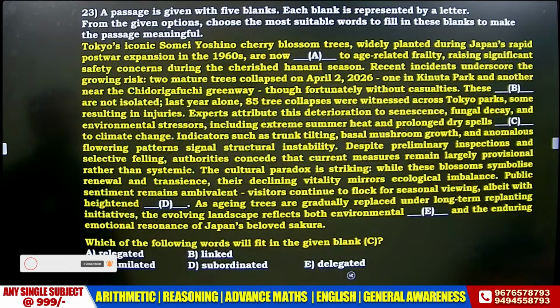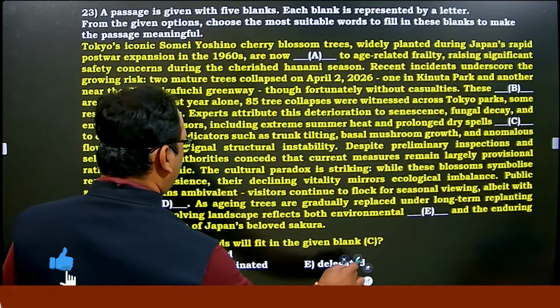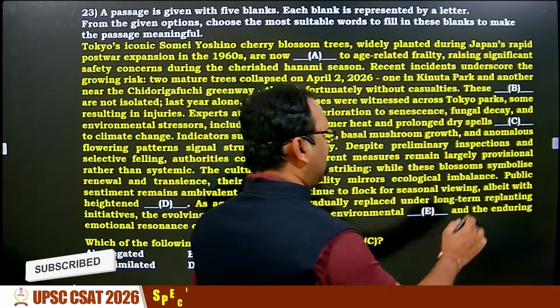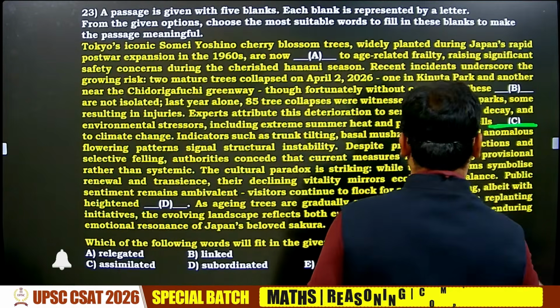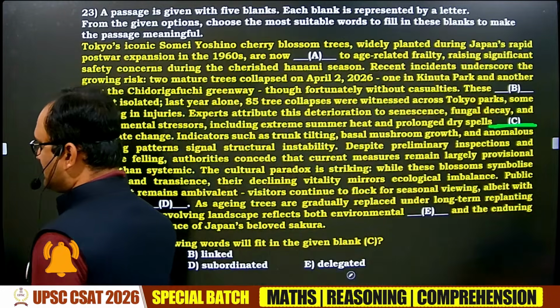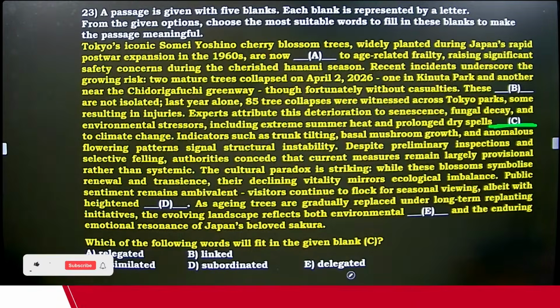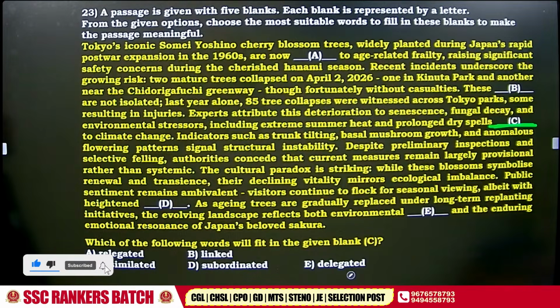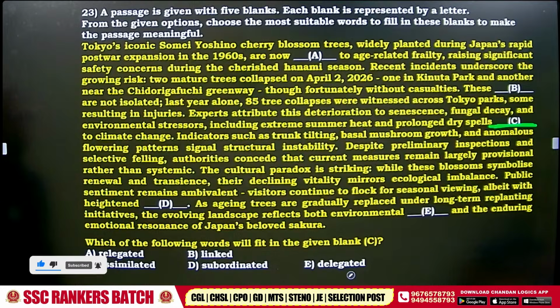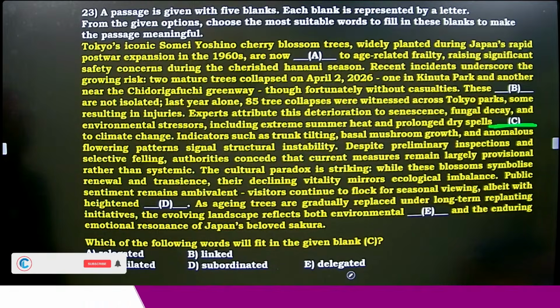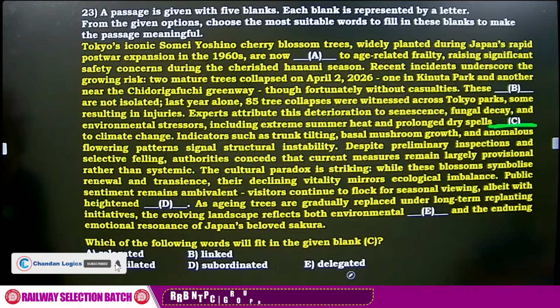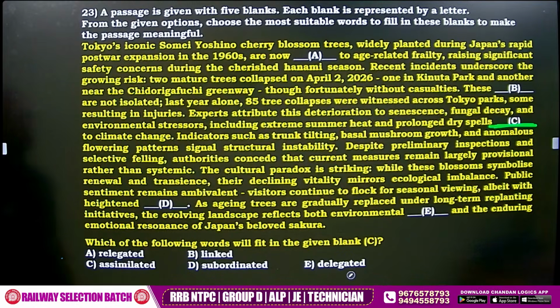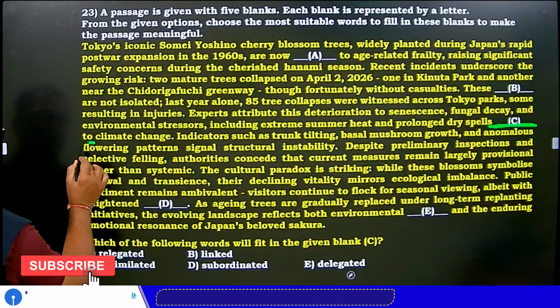Can you get the 23rd answer? Jump to the C option here. Get the answer, guys. If you observe here, preposition to comes.